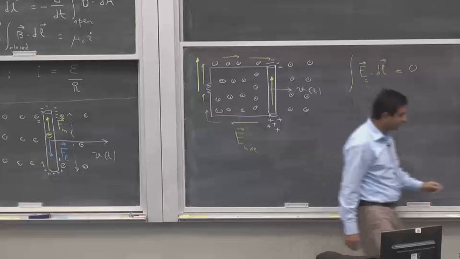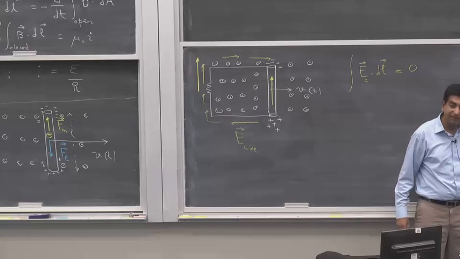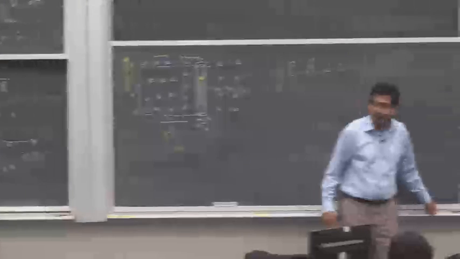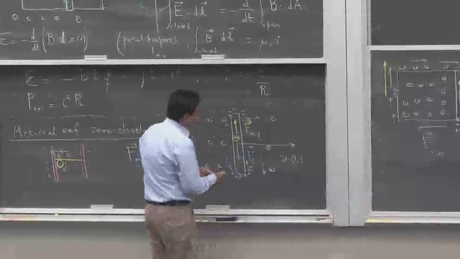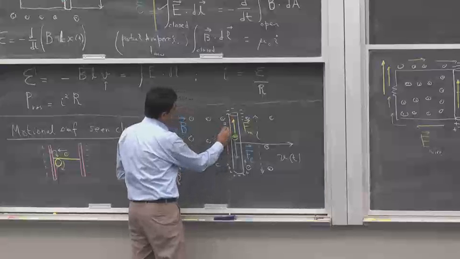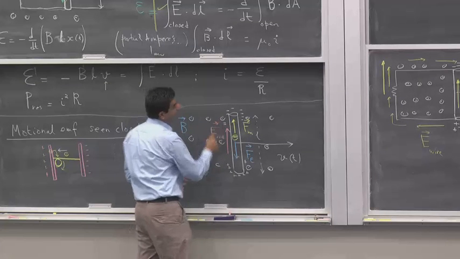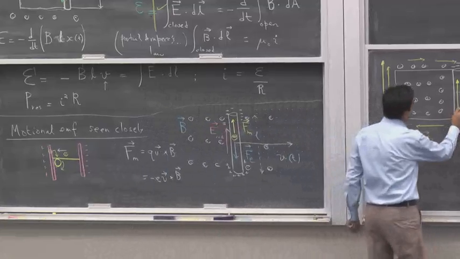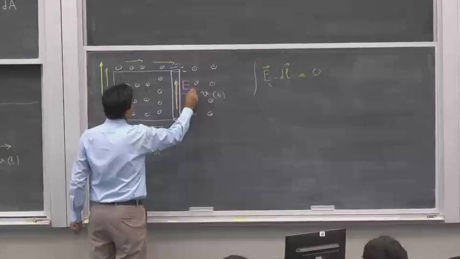Can we please speak up? Right, because here, this is positive charge, negative charge here, so this is the direction of the electric field inside the rod. Okay? This is the direction of the electric field inside the rod, or the battery.